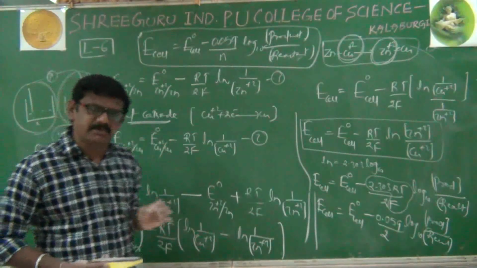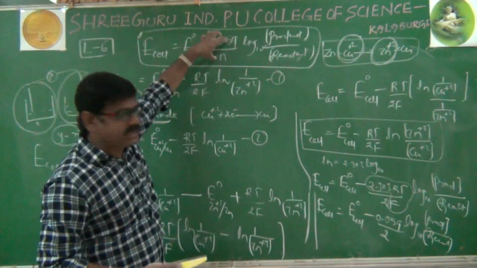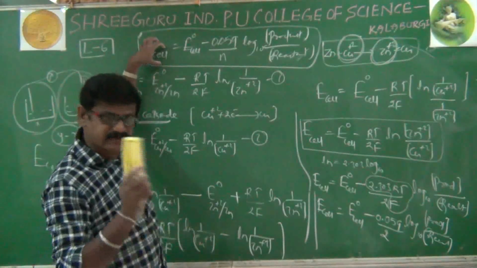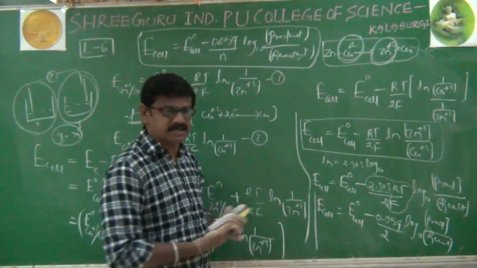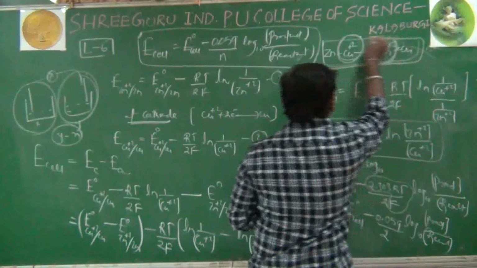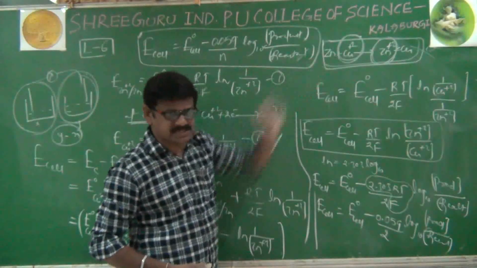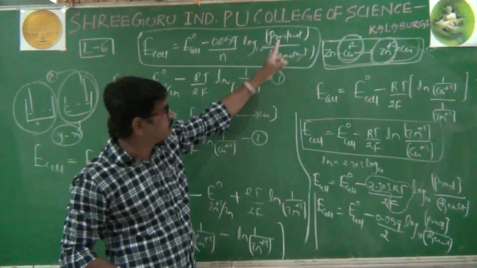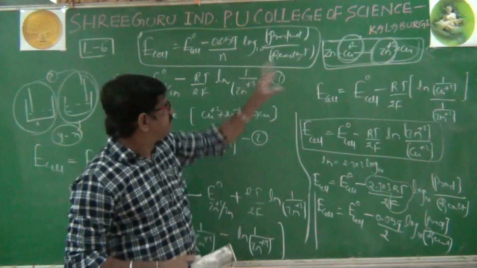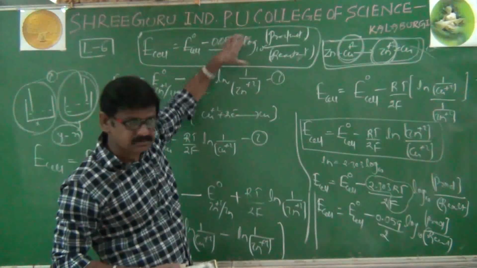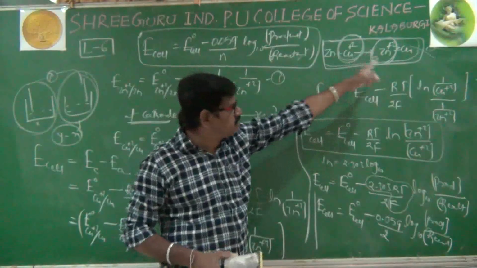Then here one more very important point is, before we go to solve the cell potential, first of all, by seeing the question, we have to write the net cell reaction like this. Because without knowing the net cell reaction, it is a bit difficult to identify which is product and which is reactant. I'll repeat. Before we solve the problem, by seeing the question, we have to identify which is reactant and which is product.